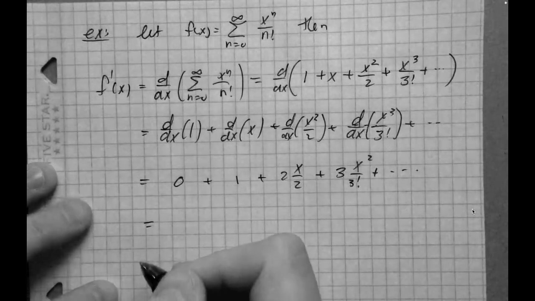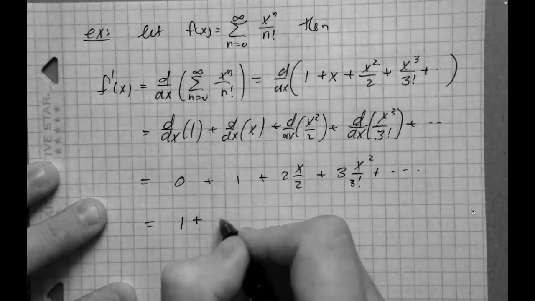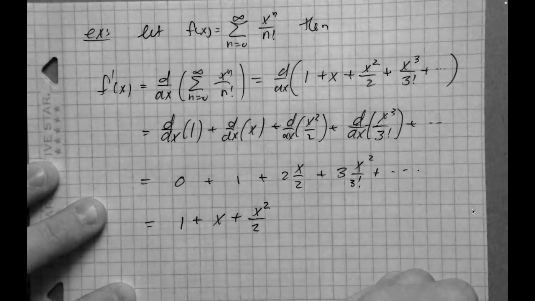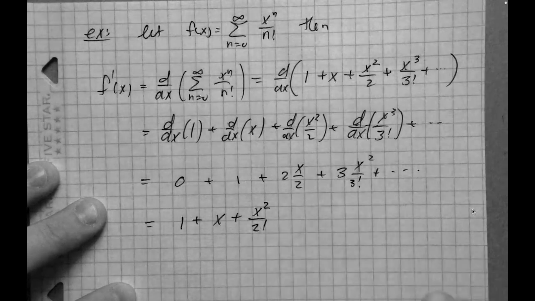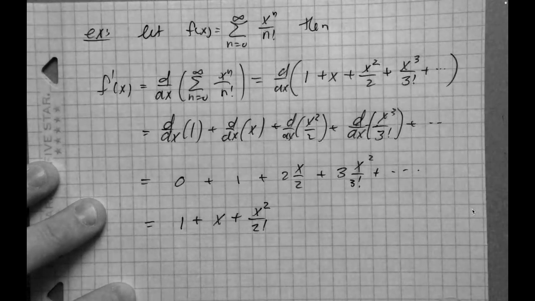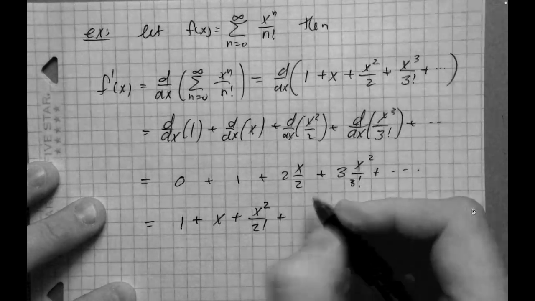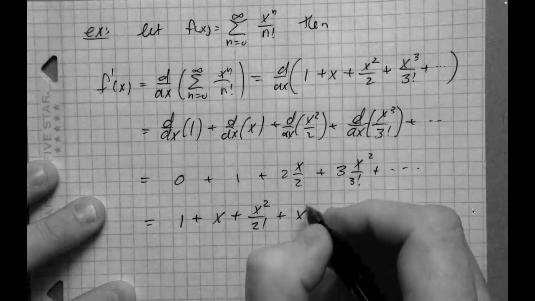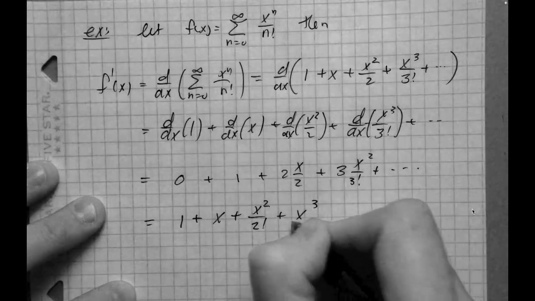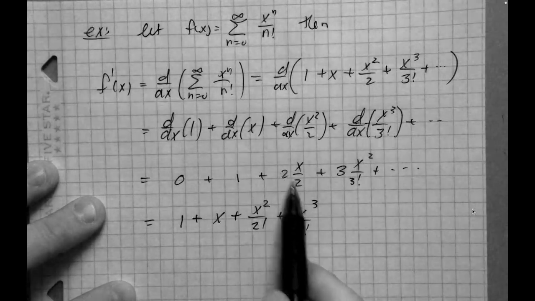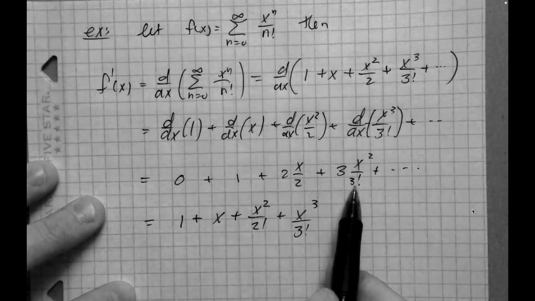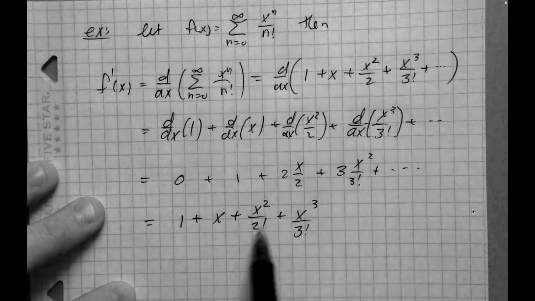And so we see that this is 1 plus x plus x squared over 2 factorial, and plus, the next term would be x cubed over, we don't have it in here, but 3 factorial. So notice here, the 2 cancels out and you get that. The 3 would cancel with the 3, but you'd still be left with 1 times 2. So you have the 2 factorial.